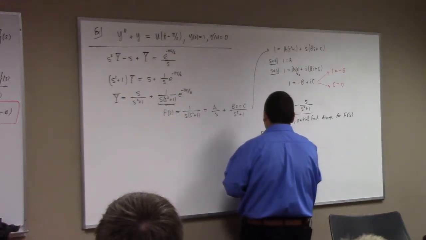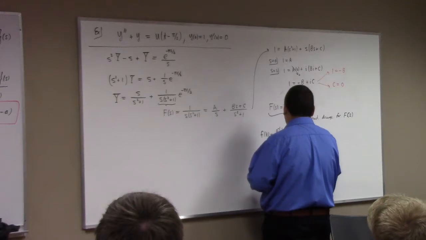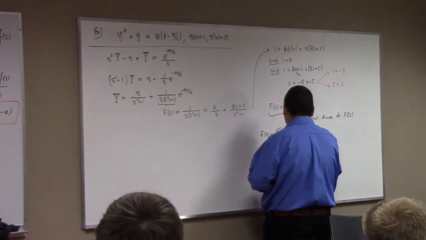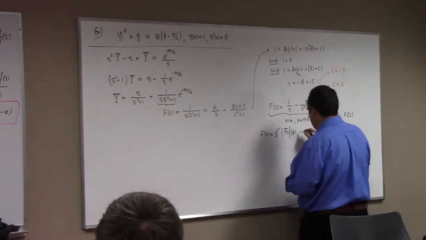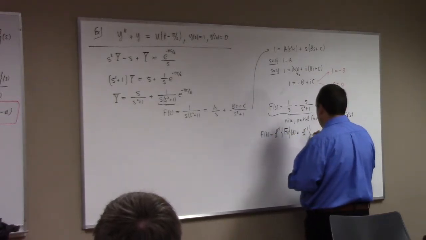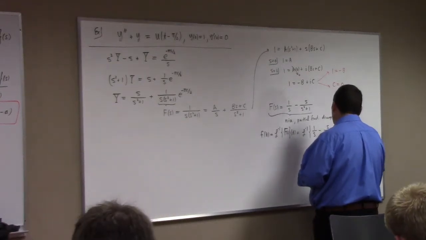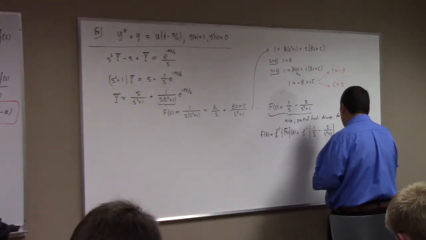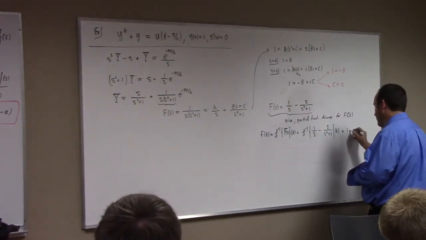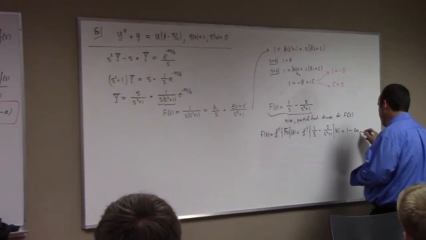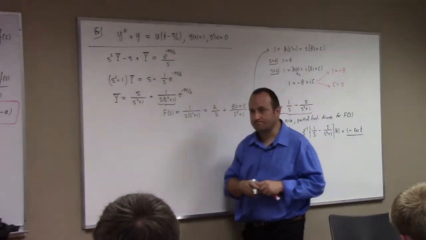So f of t is the inverse transform of 1 over s minus s over s squared plus 1, of t, which, by the way, is 1 minus cosine of t.